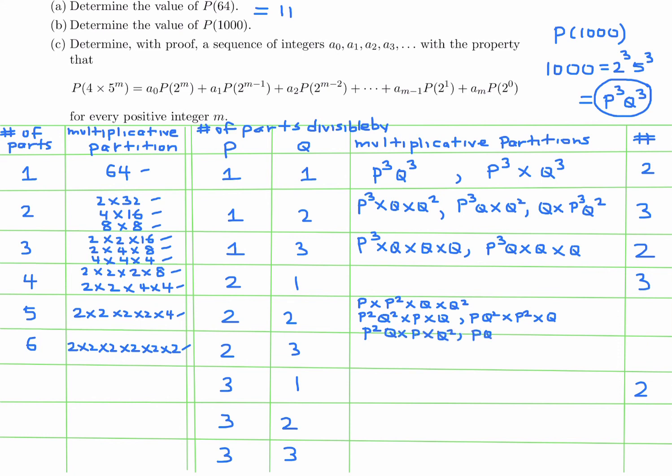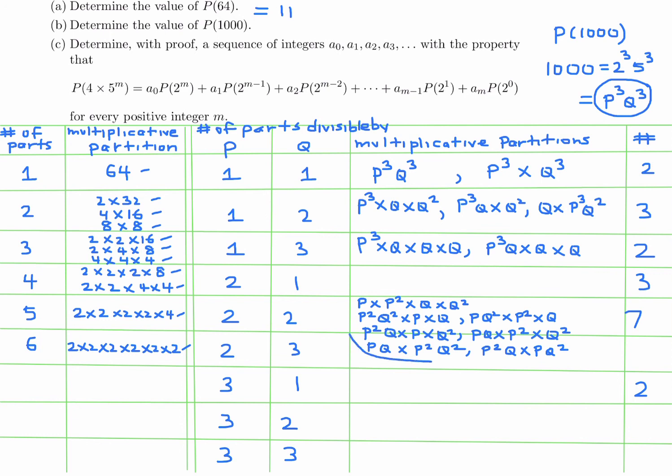And then p q times p squared times q squared. And then we also have p q times p squared q squared, and then p squared q times p q squared. So we had 1, 2, 3, 4, 5, 6, 7 here. All right. So that took up a lot of space there.